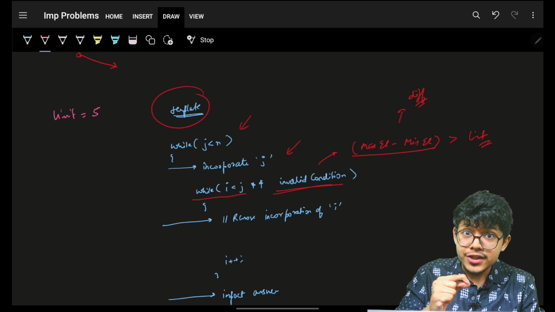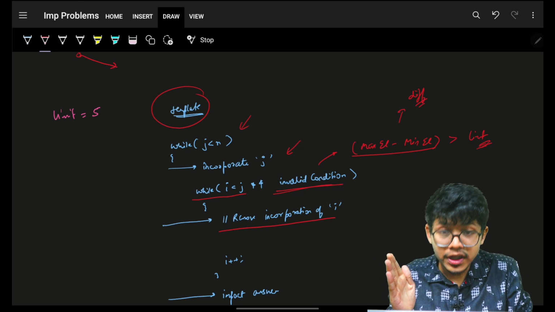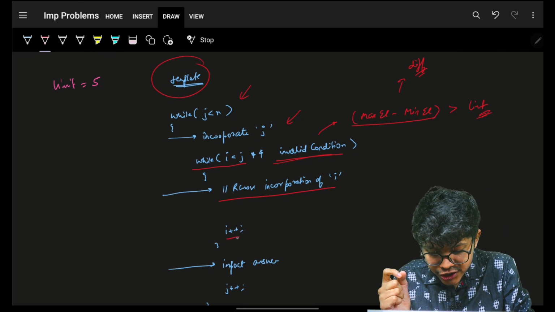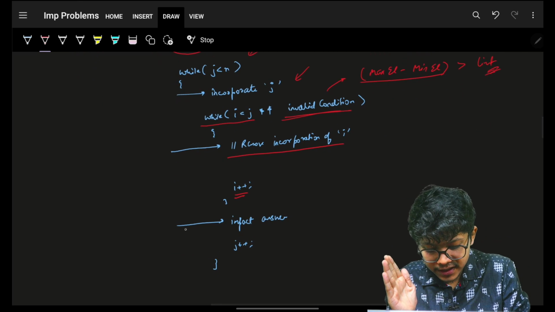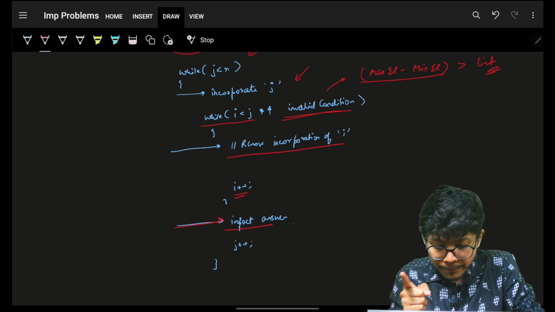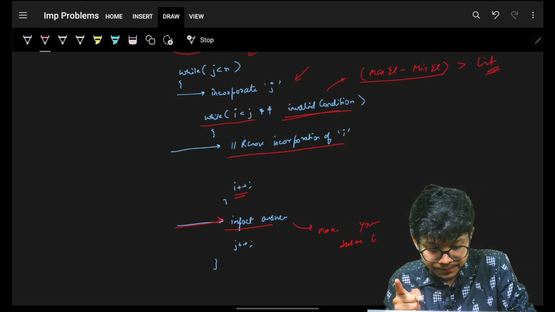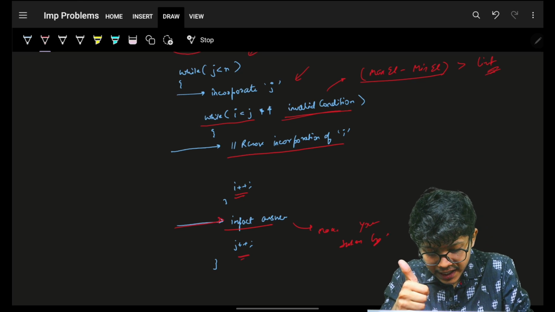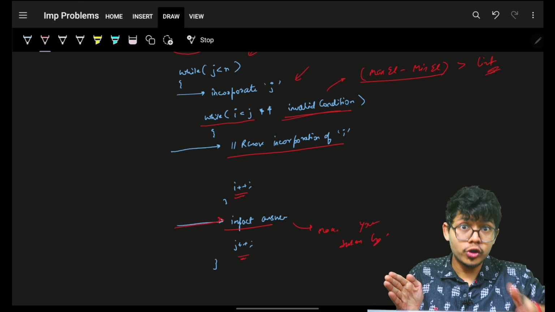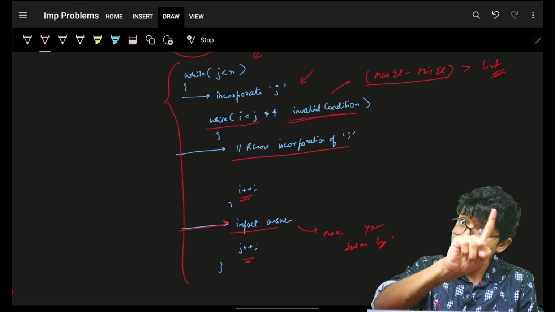If this diff is more than your limit, then you should shrink your window, which means remove the incorporation of i and then shrink your i. Then update your answer, because you want to maximize your subarray length. Incorporate your answer and then move. Always make sure to move your j at every step. This is the simple two-pointer template which we have seen in the crash course.